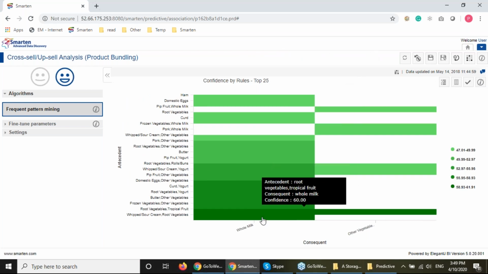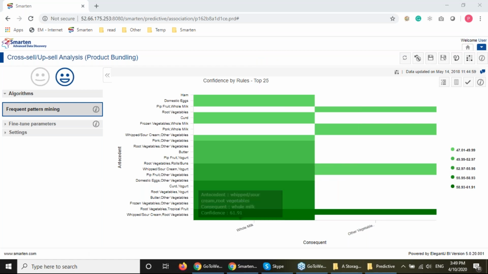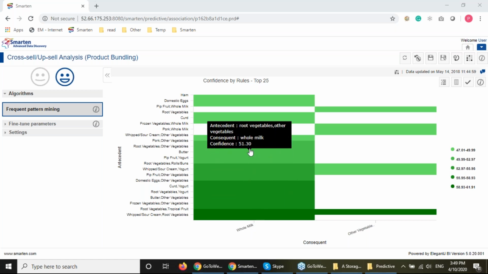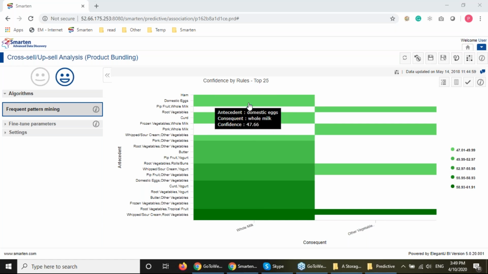So here it shows the product. This is a departmental source, and here it shows that the association of this product mix of sour cream and root vegetables with whole milk is higher, and you can see the confidence value here, 61.91%, and these are relatively decreasing confidence values.